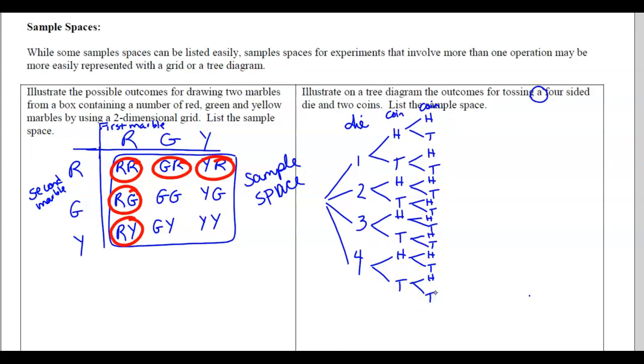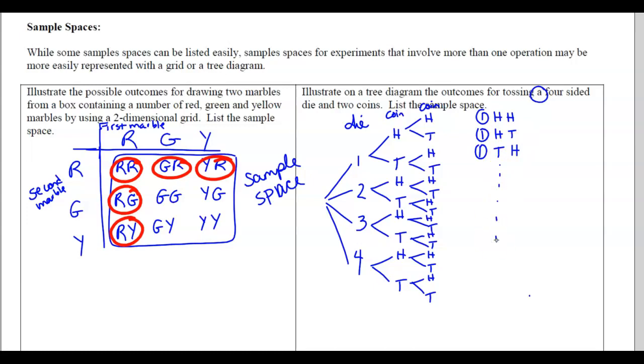So your sample space is each arm of that. For example, the first arm would be 1 and then 2 heads. The second one would be 1 and then heads and then tails. Then 1 and then tails and then heads, etc. I'm not going to copy it all out.